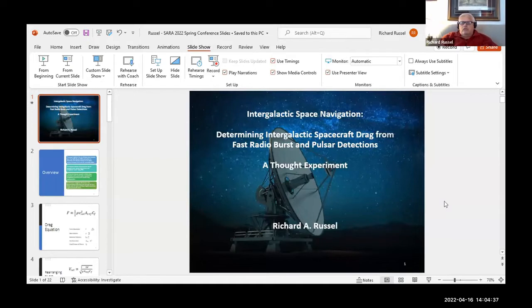So here I was going to use the fast radio burst and pulsar data to come up with the spacecraft drag in both the interstellar medium, which is within the Milky Way, and also the intergalactic medium, which is beyond the Milky Way in intergalactic space between galaxies.